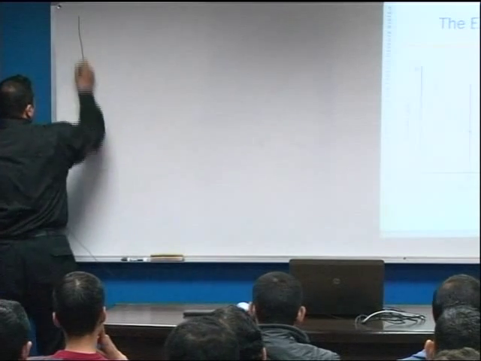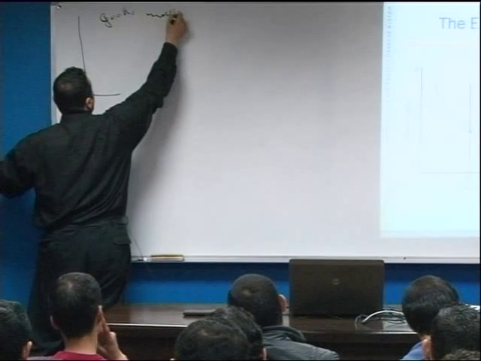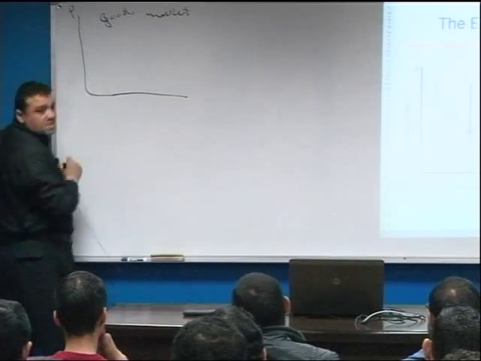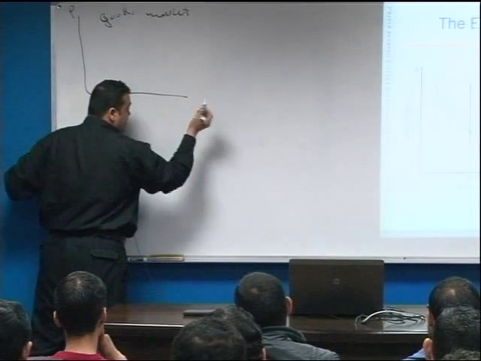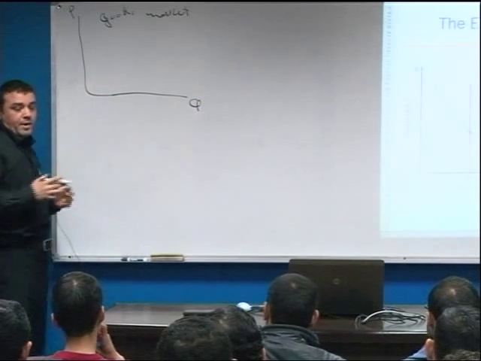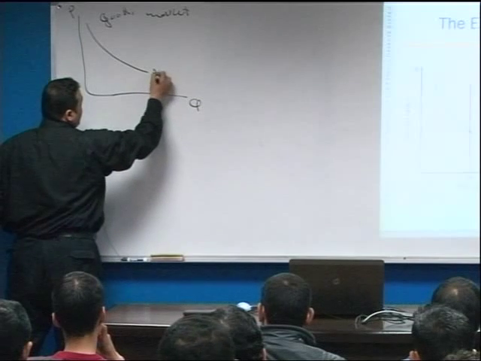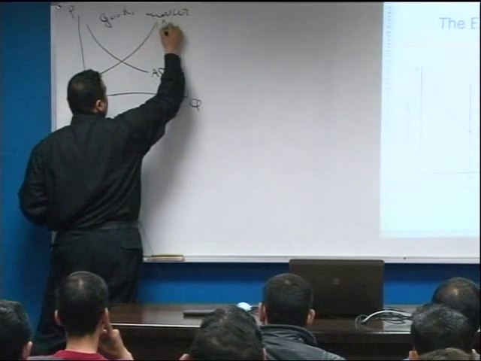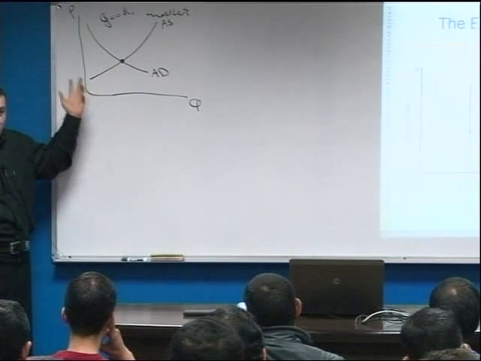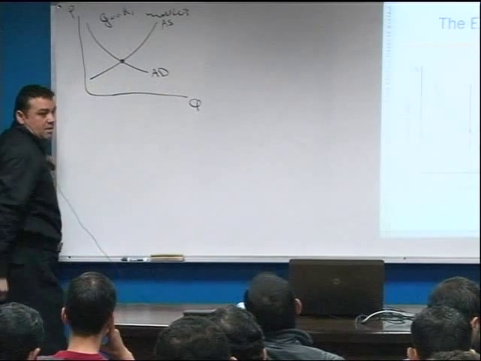In the goods and services market, this is the price of goods, or inflation rate, and the quantity of goods. The equilibrium in the goods and services market occurs when the aggregate demand of goods equals the aggregate supply, so when the aggregate supply curve intersects the aggregate demand curve.